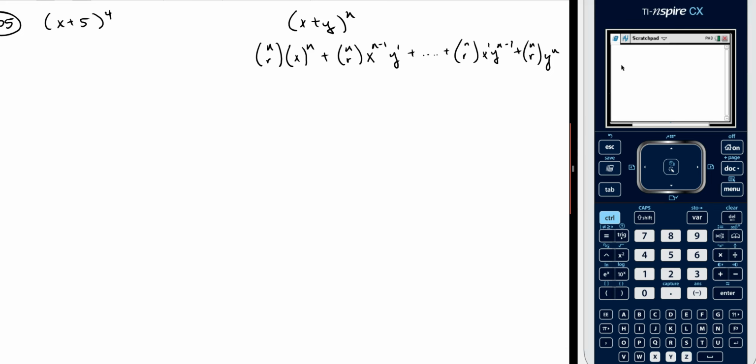Remember what we're doing, this n over r, the n is the power that we're given. R is the power of the second factor, so it's in this case the y.